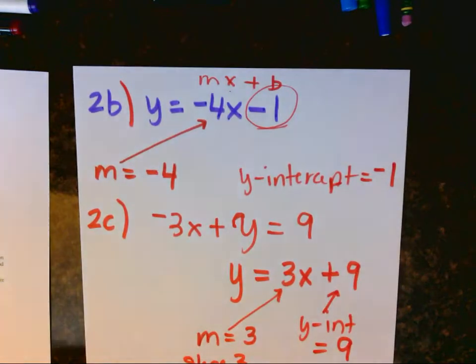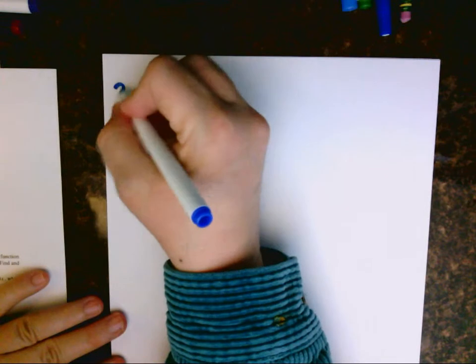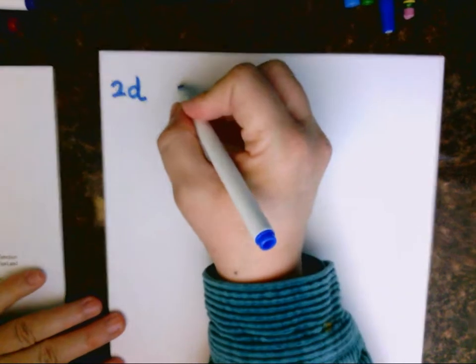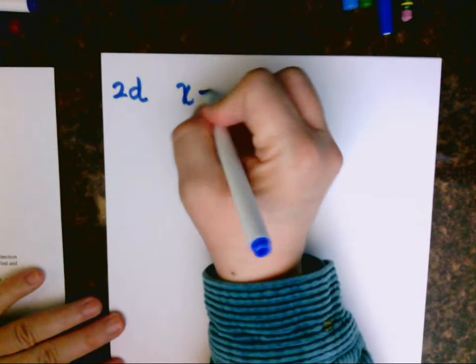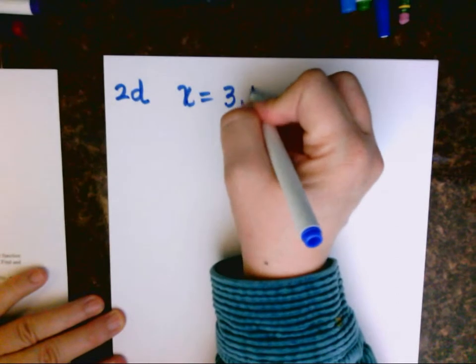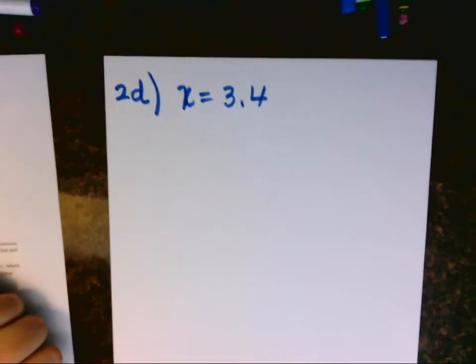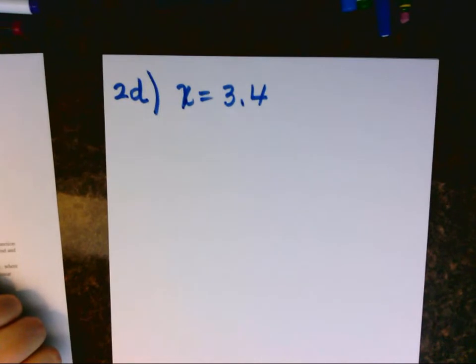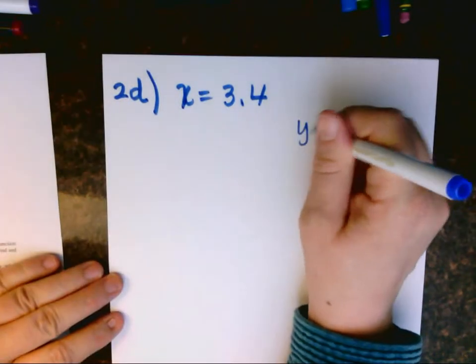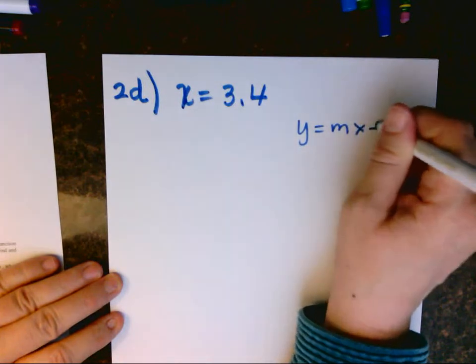Let's go to part D, and I need to get a little paper here. There we go. 2D, x equals 3.4. Again, we want it to be in this form, y equals mx plus b.